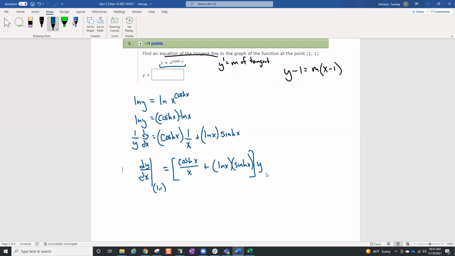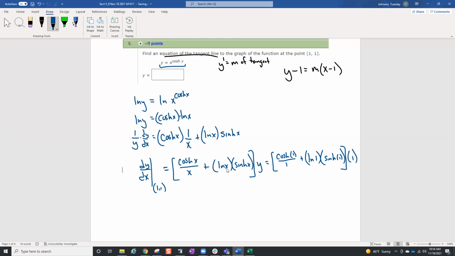But when I put 1 in, I end up with hyperbolic cosine of 1 divided by 1 plus the natural log of 1 times the hyperbolic sine of 1, all times 1. And that's a lot of ones, but it's kind of nice that x and y are both 1.